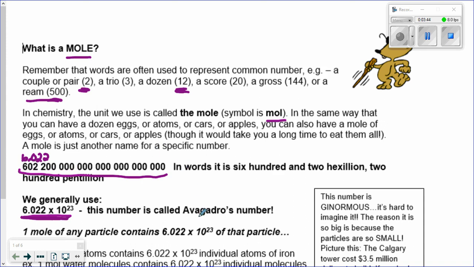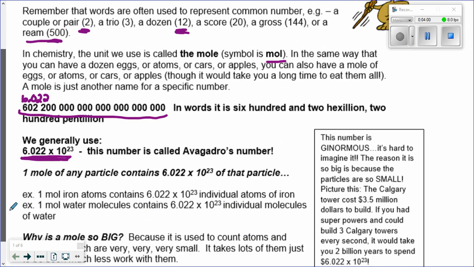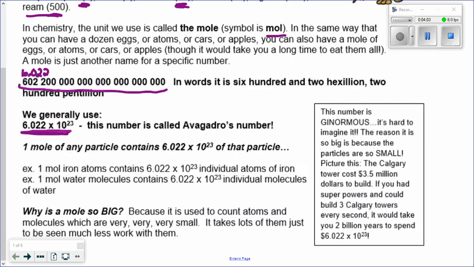This is called Avogadro's number. Not Avocado's number, Avogadro's number, because he's the one that really proposed this number to represent the number of particles in one particular thing. So 1 mole of any particle contains 6.022 times 10 to the power of 23 of that particle.